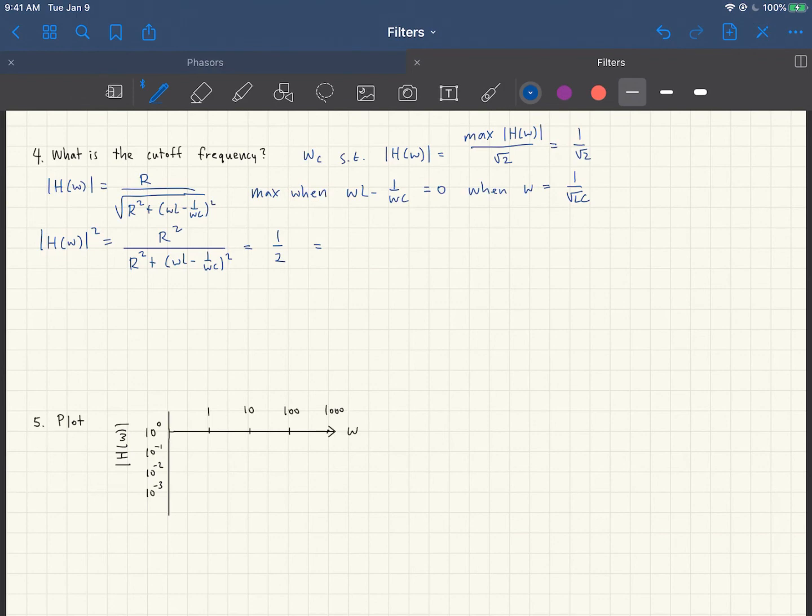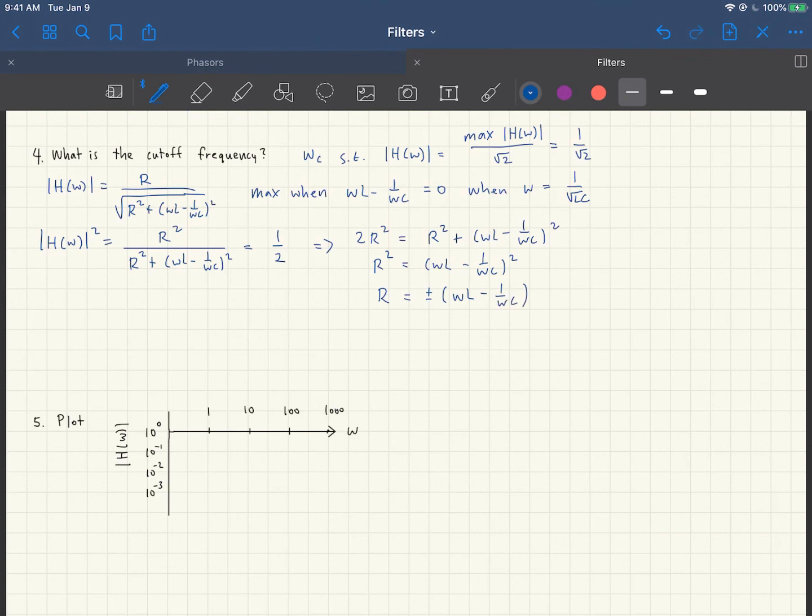Then if we multiply both sides, we'll see that 2R squared is equal to R squared plus (omega L minus 1 over omega C) squared, meaning R squared is equal to (omega L minus 1 over omega C) squared. If I square root both sides, I'll get R is equal to plus or minus (omega L minus 1 over omega C).